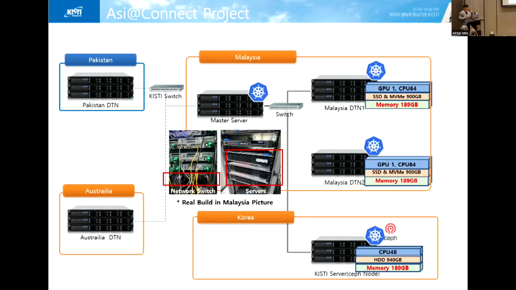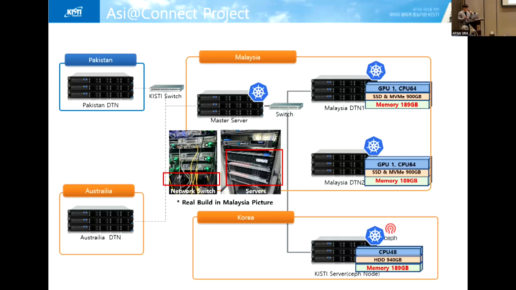This figure is a configuration diagram of equipment construction in the four countries that are proceeding with Asia Connect tasks. As shown in the picture above, three servers and one switch were completed in Malaysia last November. And the picture shown above was taken after actual construction.